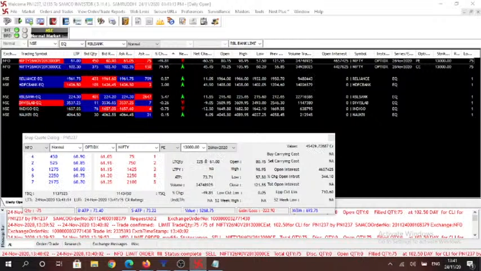Voltas is near 52-week highs, less than 4% away.